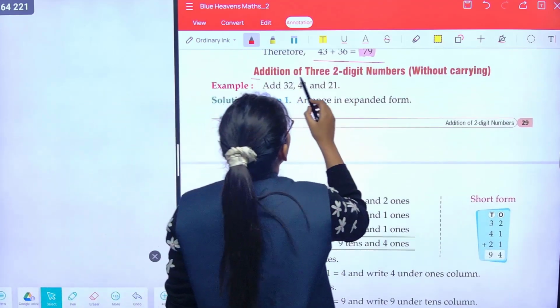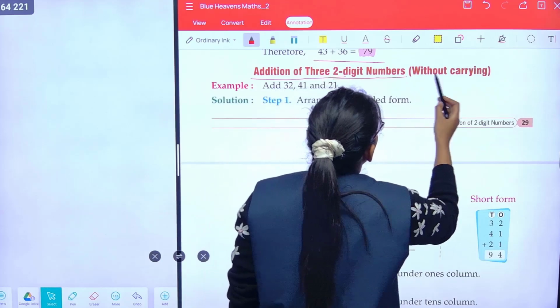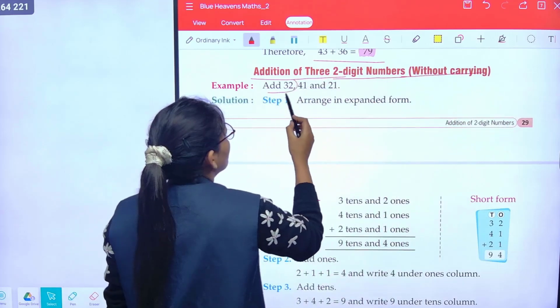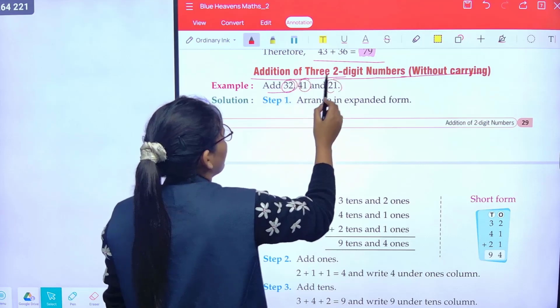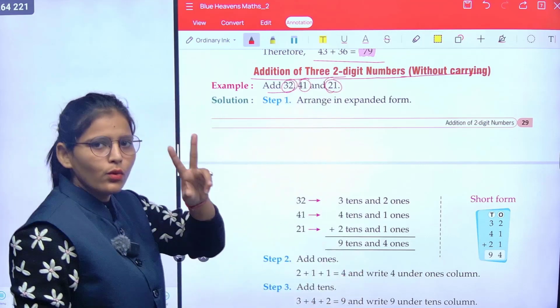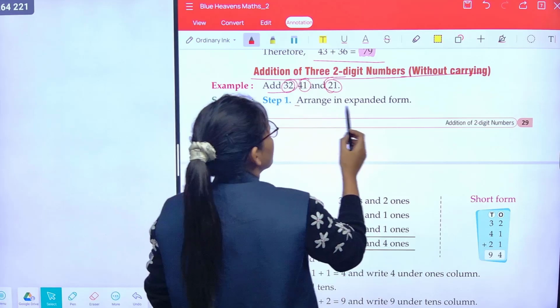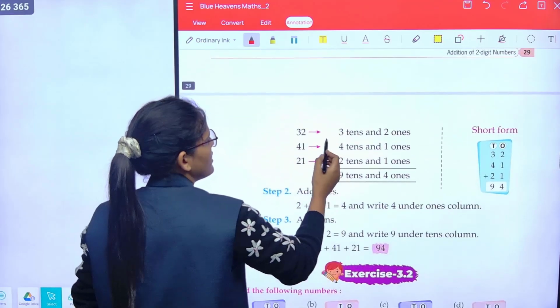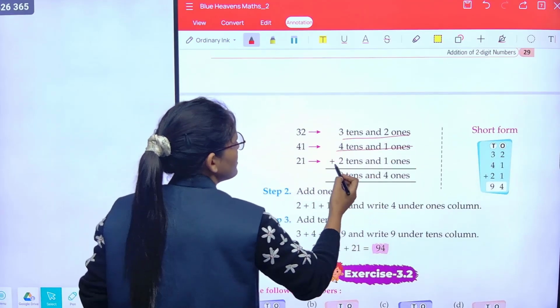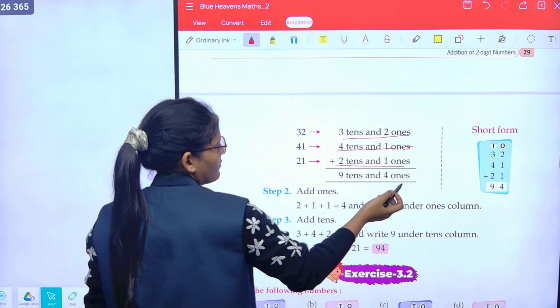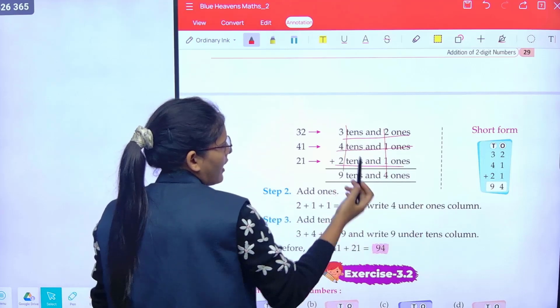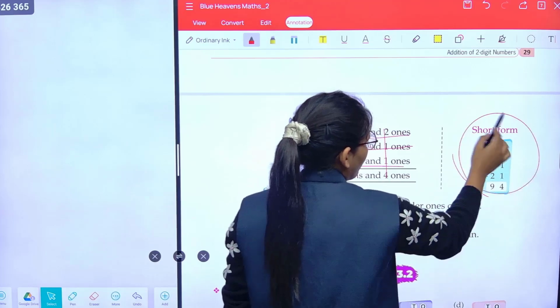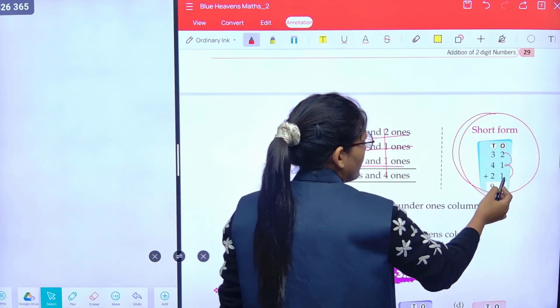Now class, addition of three two-digit numbers without carry. Now 32, 41, 21. Now there are three two-digit numbers. Now arrange in expanded form. Similarly, 3 tens 2 ones, 4 tens 1 one, 2 tens and 1 one. You can write it in short form also. 2 plus 1, 3, plus 1, 4.